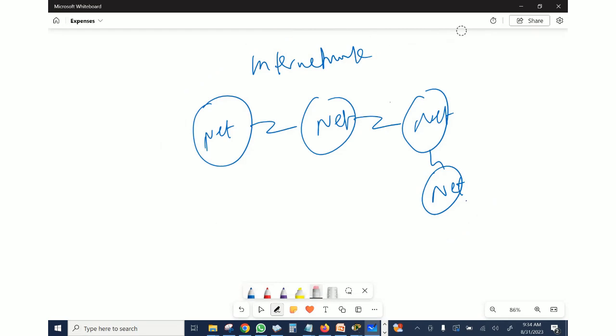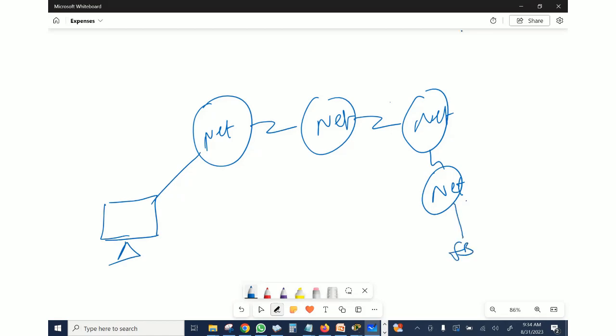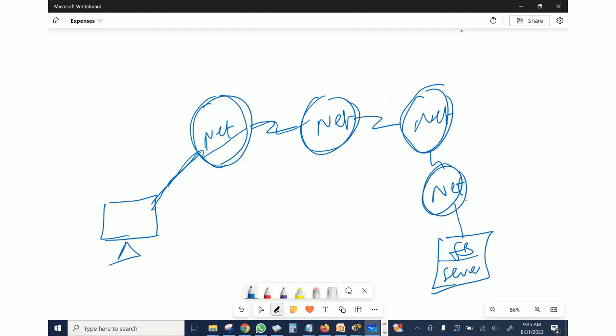So internetwork. Meaning a device is connected here, and is going to facebook.com somewhere. Let's say this is the Facebook server, somewhere. So now this device travels through this router, through this network, through this network. You travel through different networks before you reach your destination.